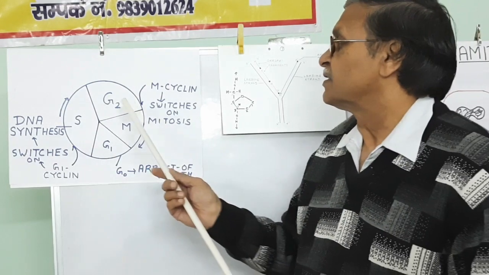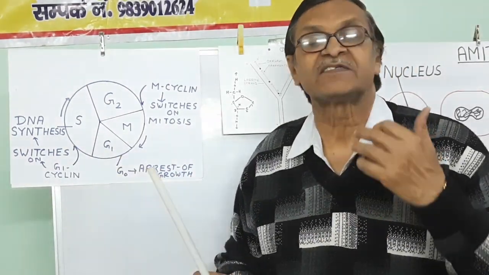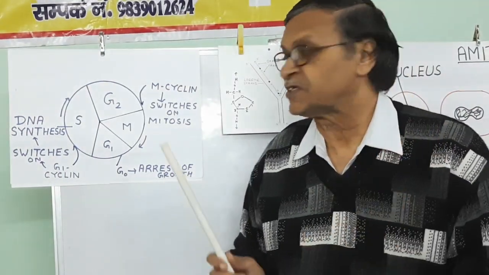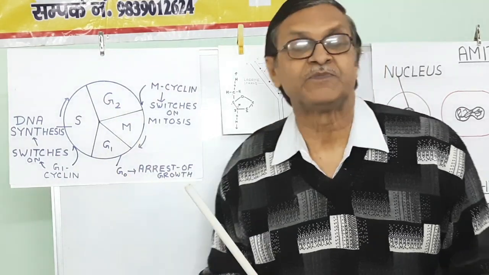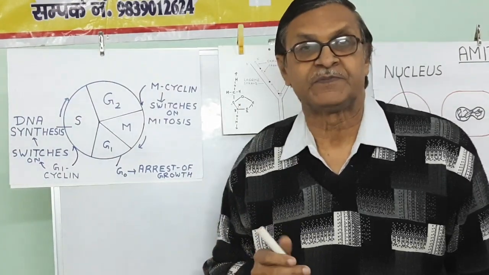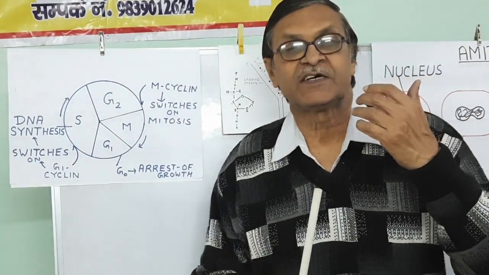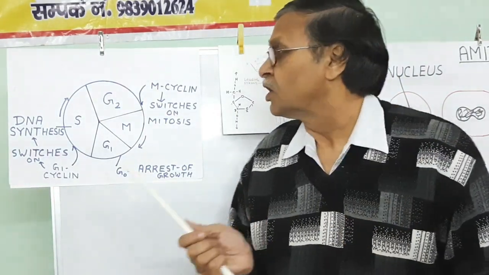And the interphase, in which cells are not dividing at that time, includes three stages: G1, S and G2 phase. G indicates gap or growth. At G1 and G2, there is a formation of RNA and protein.